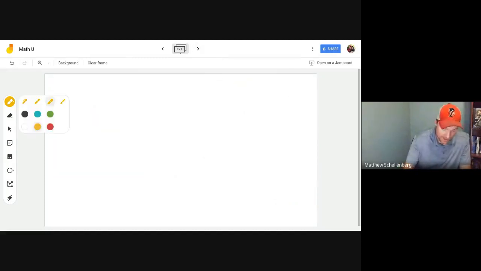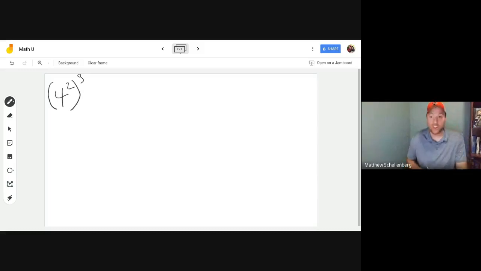So let's talk about another classic, which is bracketed exponents. So let's say I have 4 squared, and I am told that it is going to be cubed. Well, the rule is, if you have x to some power, or some variable to some power, and you have another exponent on the outside of the bracket, that means that you multiply those exponents.